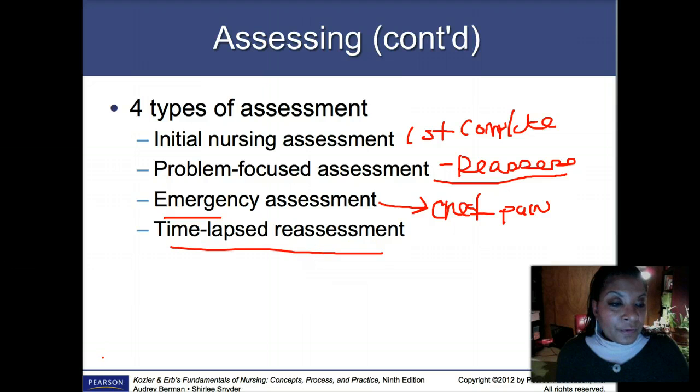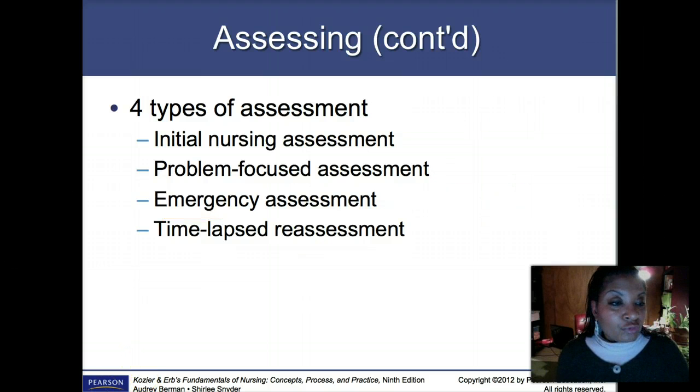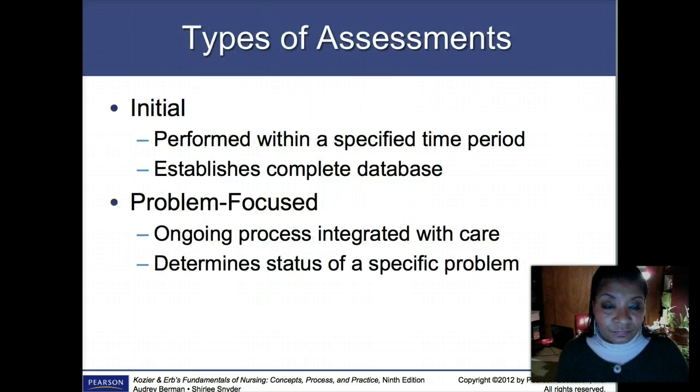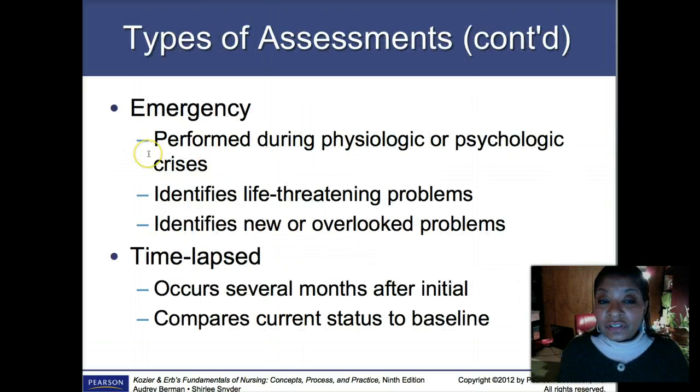So there are various types of assessment, and that depends on where you work and the kind of work you're going to do. Your initial assessment is performed at a specific time. Your problem-focused assessments are ongoing, integrated in your care. You might have an emergency assessment performed during a crisis, and your time lapse can occur over several months.